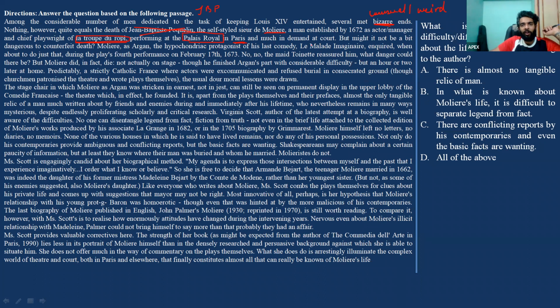And much in demand at the court. So they performed, I now know that this guy M performed at 2 places, some place as PR and some place at the court of some guy. But it might not be a bit dangerous to counterfeit death. Molière as Argan. So this guy's character name was Argan. And counterfeit means fake.